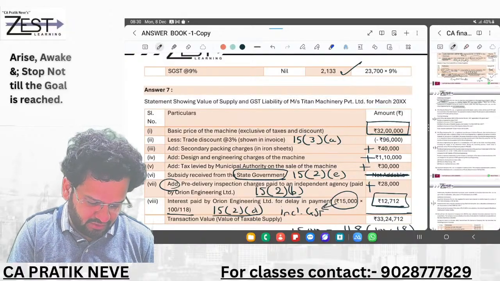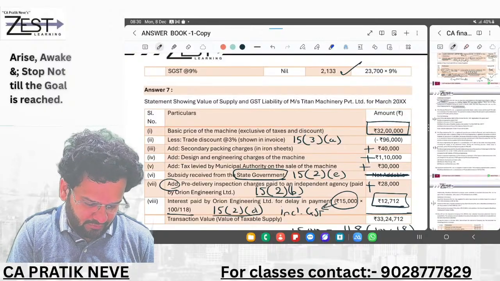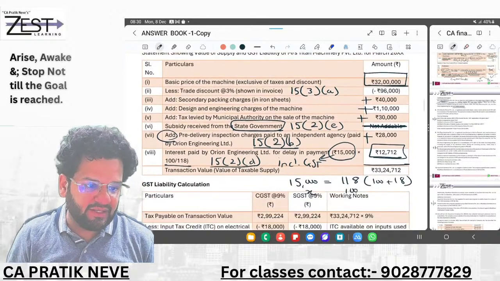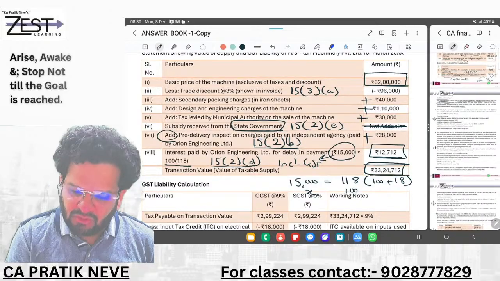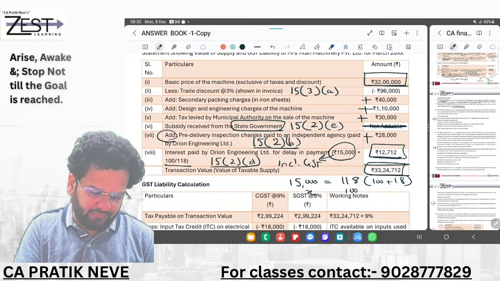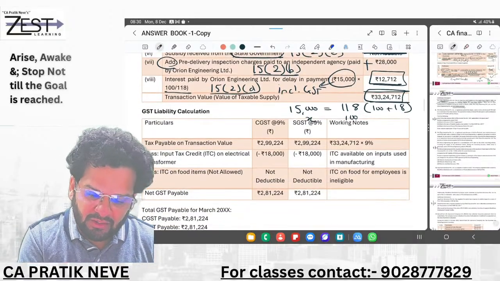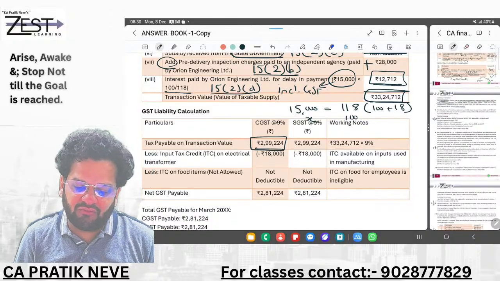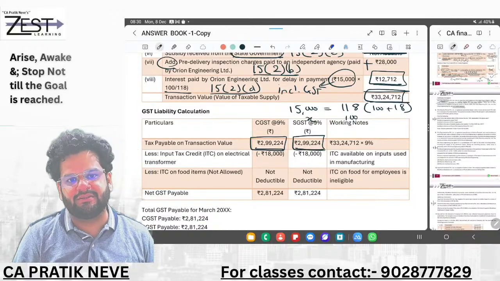Sorry, plus 7,000, 12,712. Are you getting 33 lakh 24,712? So on this, calculate GST at 9% each. You are getting 2,99,224 each of CGST and SGST.